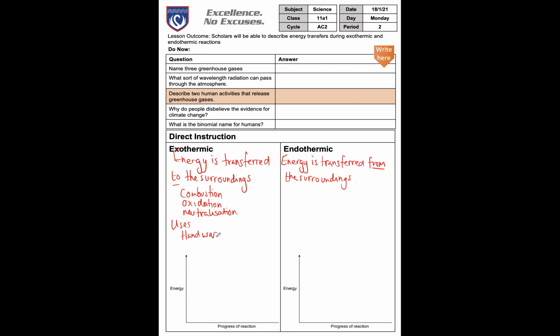If it's transferring energy to the surroundings, the temperature of the surroundings is going to increase, so it will warm up. It can also be used for self-heating cans.